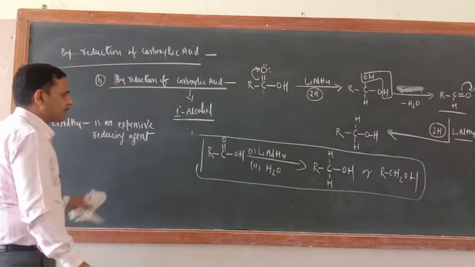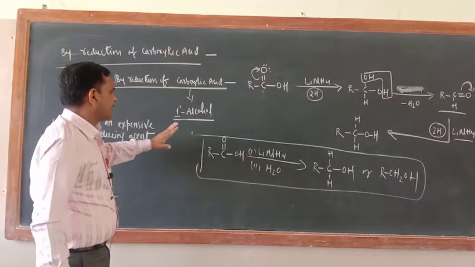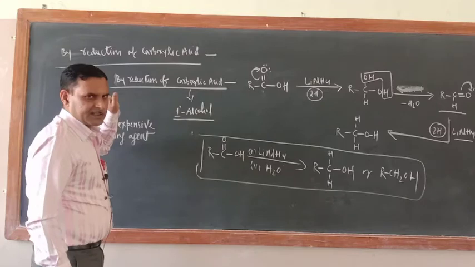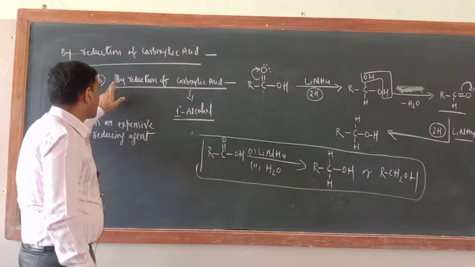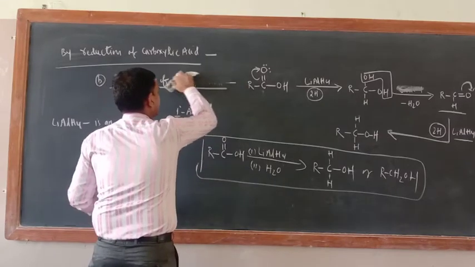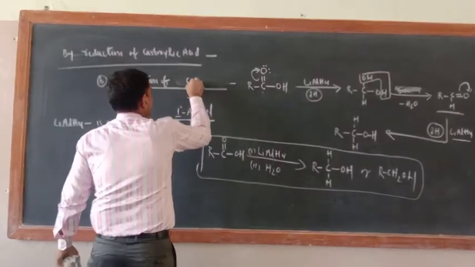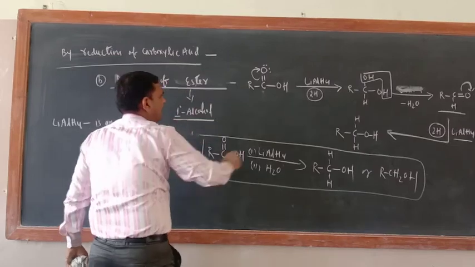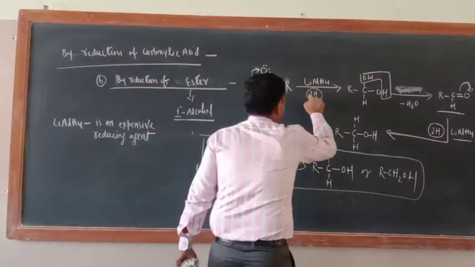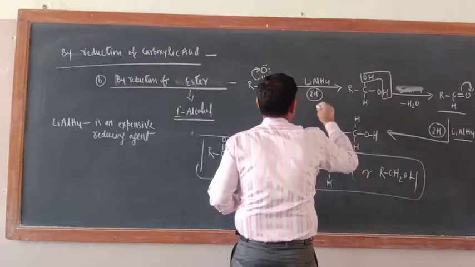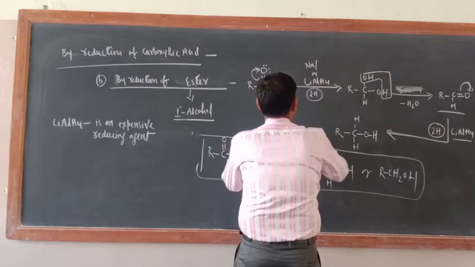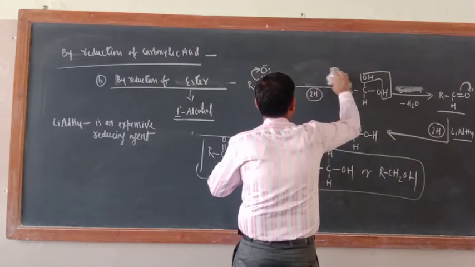It is better to first understand the reduction of ester. Earlier I wrote the reduction of carboxylic acid; now I am writing the reduction of ester. Write ester, RCOOR. Here I took lithium aluminium hydride, or you can take Na/C2H5OH. It is better to take this one only.